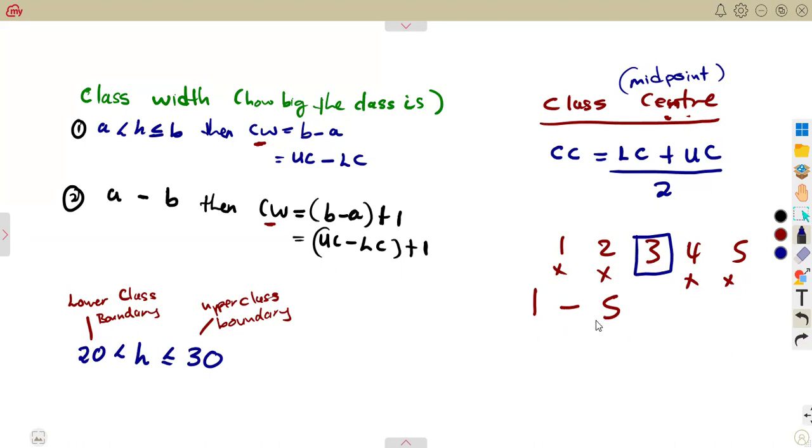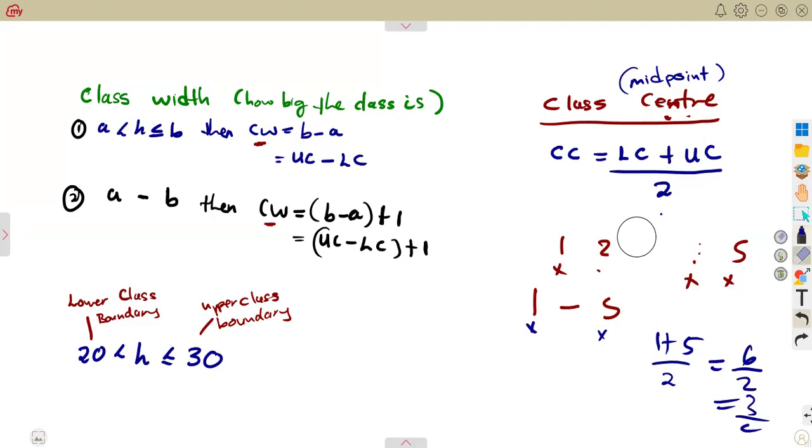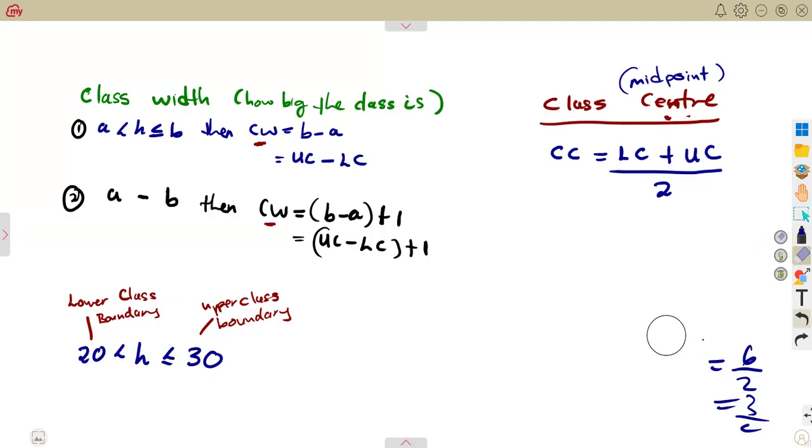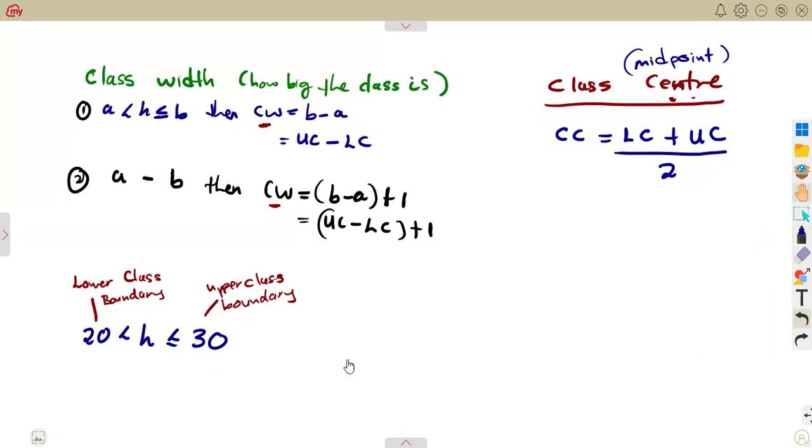To simplify, you add the lower class and the upper class, 1 plus 5, whatever you get, you divide by 2. So 6 over 2, that is 3. As you can see, we are having the same thing. It is the number at the center from the presentation of those numbers. That is the class center.